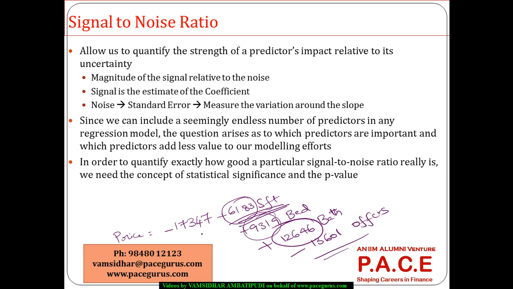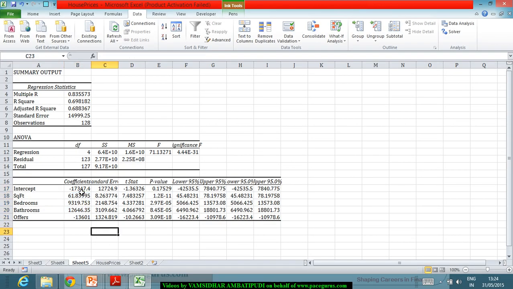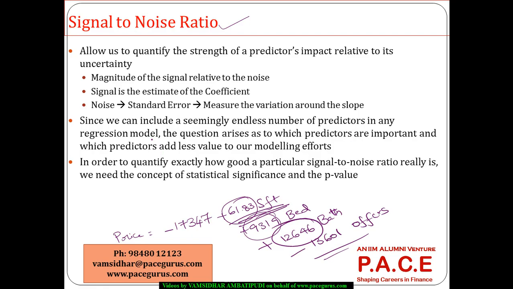And that is what is analyzed through the signal to noise ratio. Here, signal is nothing but the value that comes as a coefficient, and along with it, the tool is computing the standard error around the predicted value.